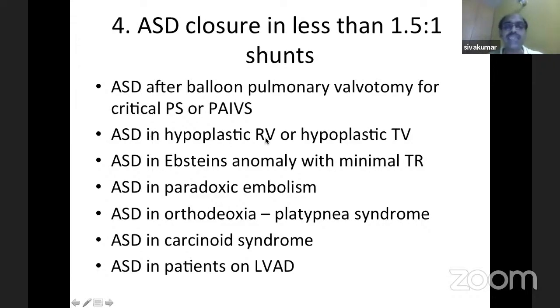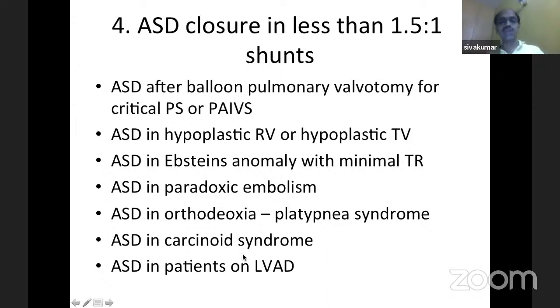ASDs in hypoplastic RV and hypoplastic tricuspid valve, which are predisposing to a right to left shunt, sometimes may be closed. ASD in Ebstein's anomaly, where there is very minimal tricuspid regurgitation, but again exposing them to paradoxical embolism. ASD with orthodeoxia-platypnea syndrome, or ASD in carcinoid syndromes.